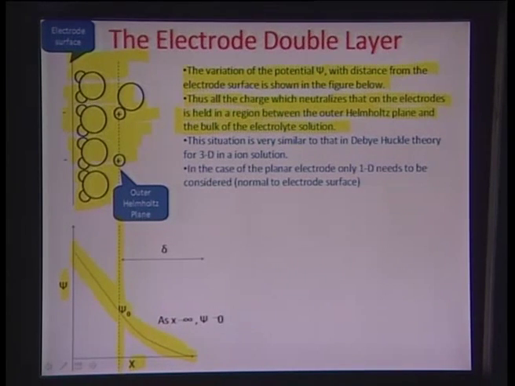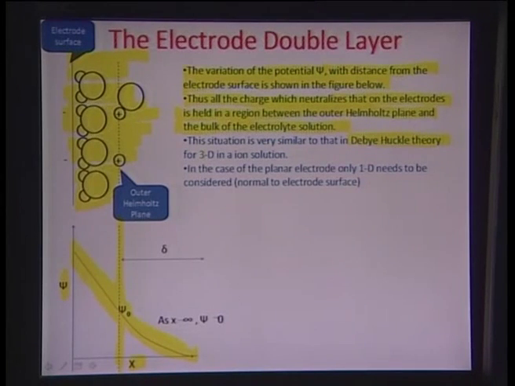So, we will be calculating what the potential here is and what may be the distribution of potential as we go from the outer Helmholtz plane all the way up to the point where the diffuse layer ends, or the bulk charge layer ends in the solution. This situation is similar to the Debye-Huckel theory as we had generated for a single point ion.